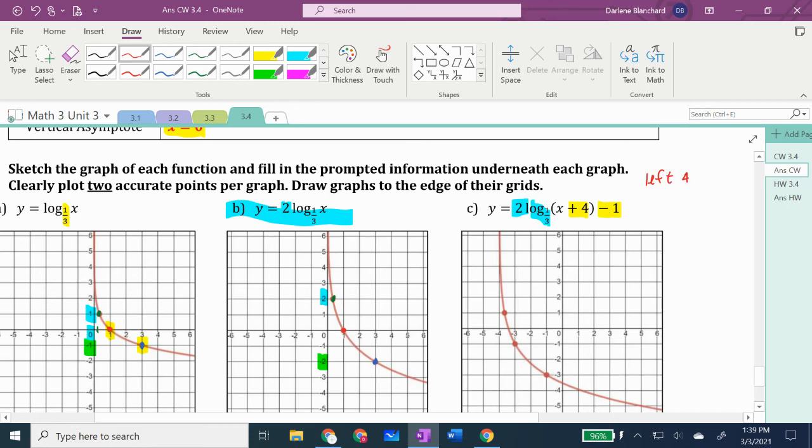And when I see outside the function subtraction, I do that to the y's, so I subtract 1 from every y, and that will move it down 1. So again, the operation to the x, you need to do that opposite operation to the x coordinates of your previous graph. The operation outside the function, you need to do that exact operation to the y values of the previous graph.